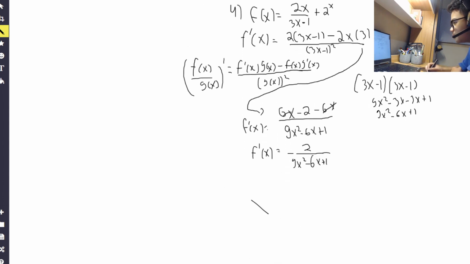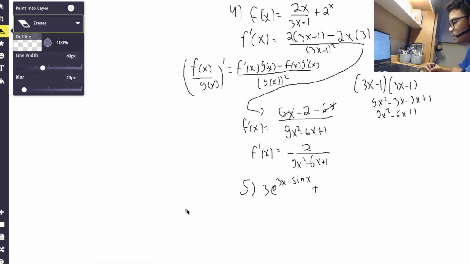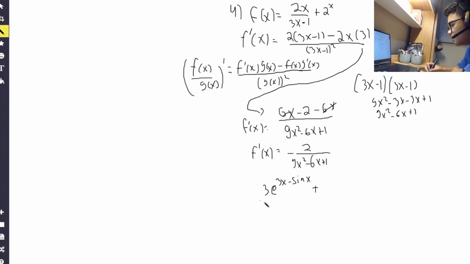Now number 5. I have to erase the 5, and I will set this as f(x) equals 3e to the 3x minus sine x, plus 2 to the ln of x minus 1.